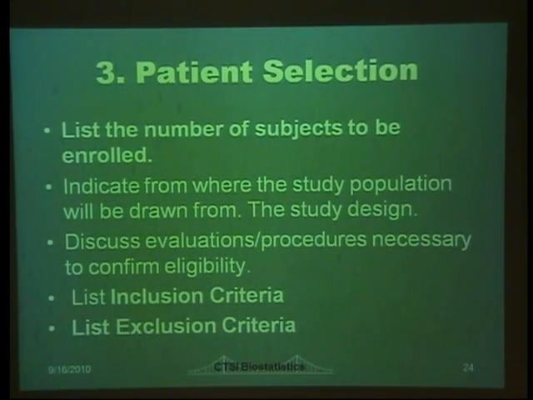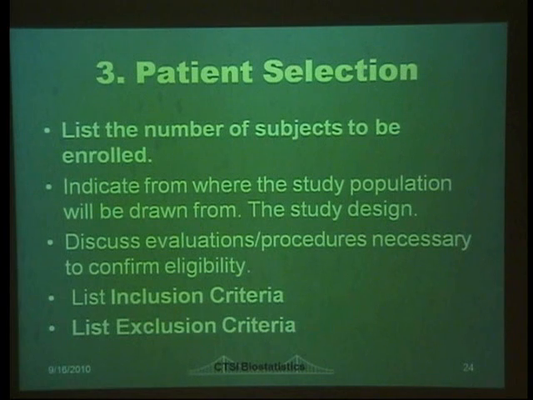All right, the third section in a protocol is usually patient selection. This is in like every kind of protocol. Now in a retrospective protocol, this could be relatively short, like half a page. This could be 4 or 5 pages if you were doing a prospective study, but we want to list how many subjects we want to enroll in the study.